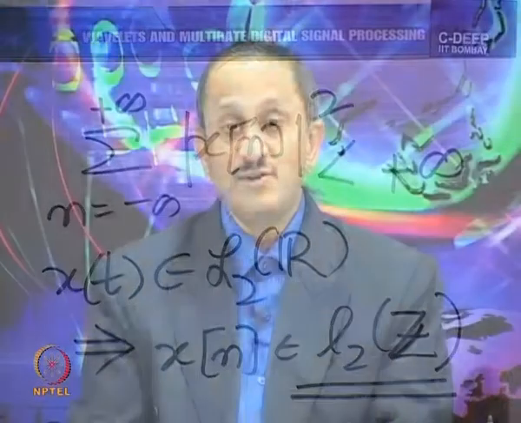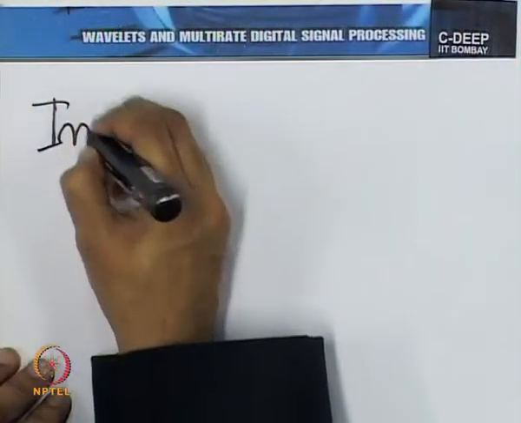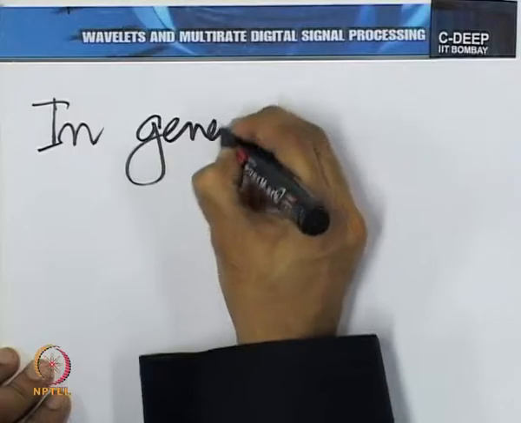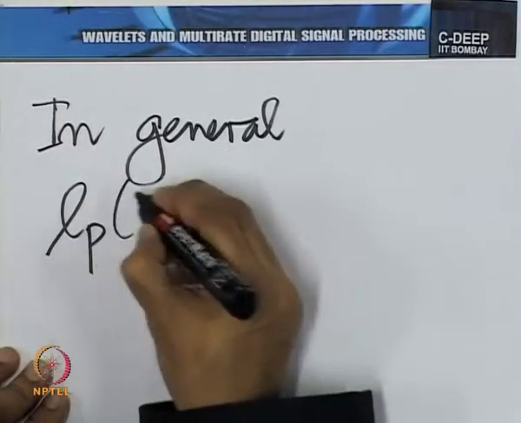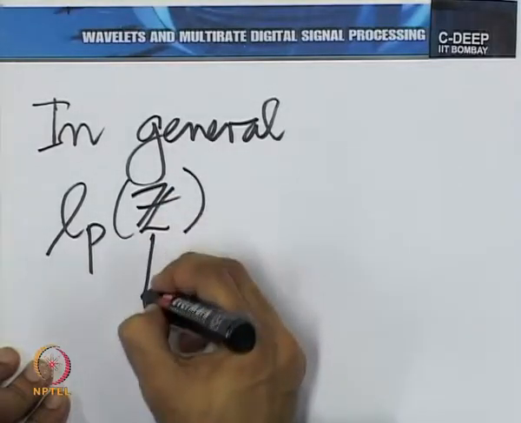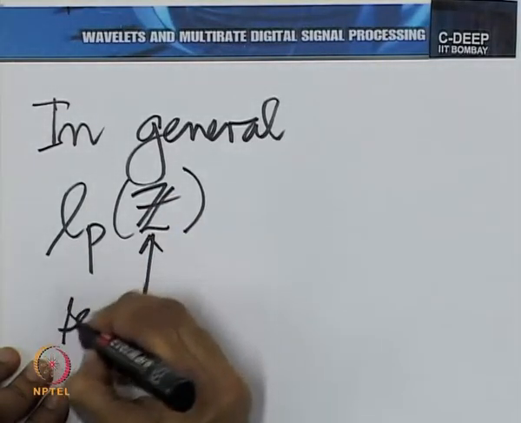So, small l 2, see, just as you have capital L to denote spaces with continuous arguments, you have small l to denote spaces with discrete arguments. And again, we would like to define l p Z in general. So, in general, l p Z, this Z of course refers to the set of integers.